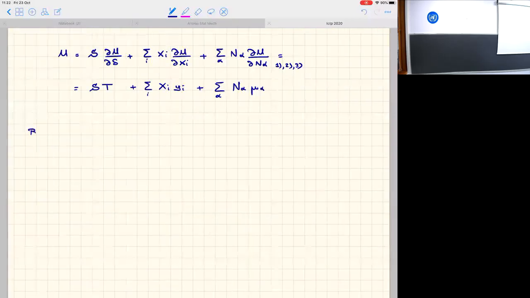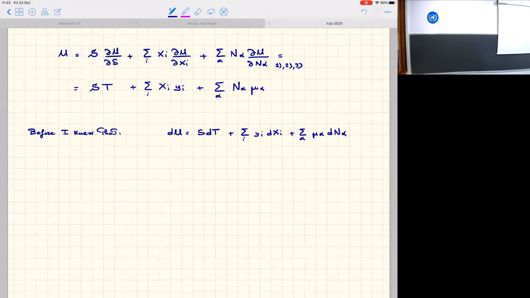Before, I knew that dU is equal to TdS plus the sum over i of y_i dx_i plus the sum over alpha of mu_alpha dn_alpha, right?